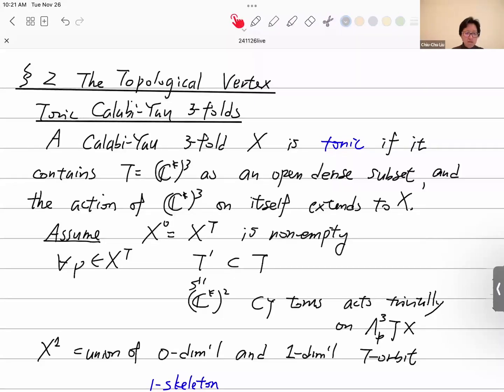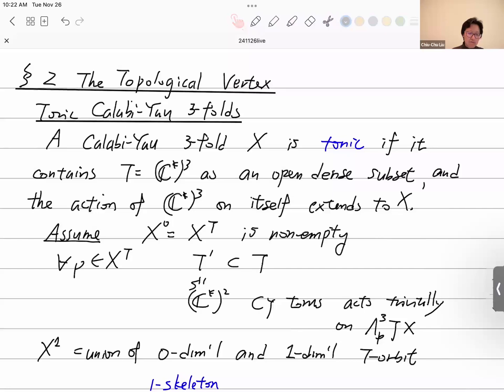So we make some assumptions so that the theory is not trivial. We assume that there is at least one fixed point, and the torus fixed points are isolated. So let's take some fixed point.